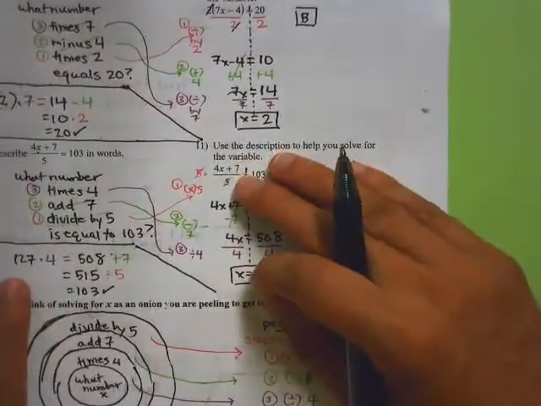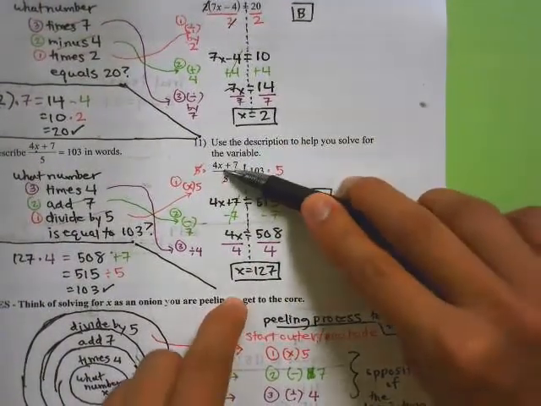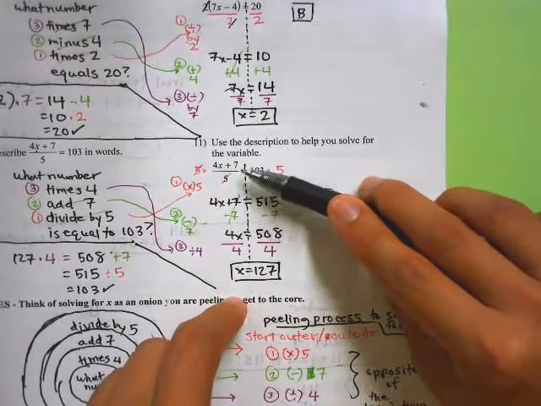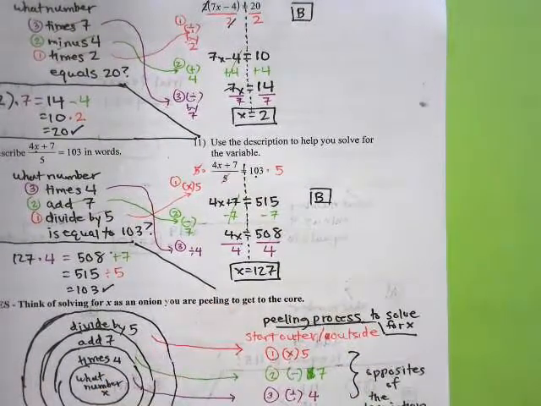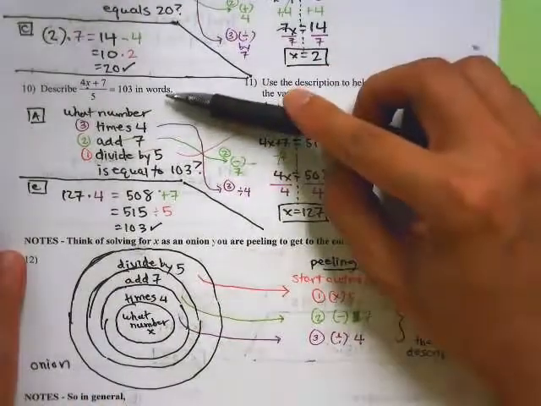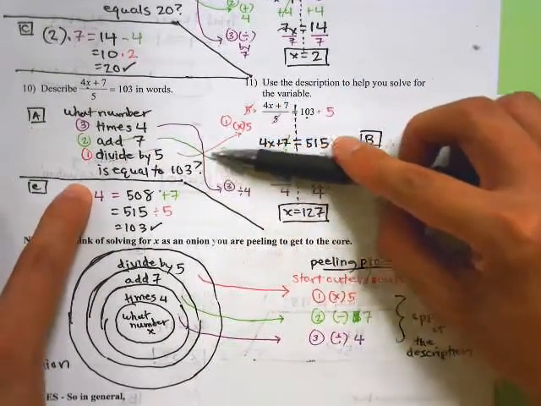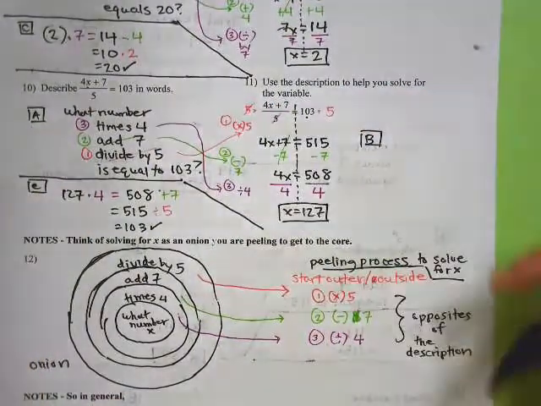I look at this equation, Mr. Lucas, what am I supposed to do? Am I supposed to divide by 4 first? Minus 7 first? Multiply by 5 first? Now you have the tools and the equipment. If you ever get stuck, describe it first, and then work backwards, but you do the opposite, okay?